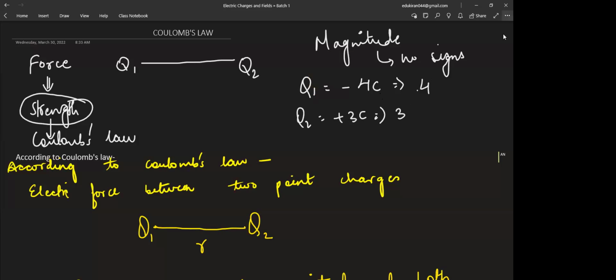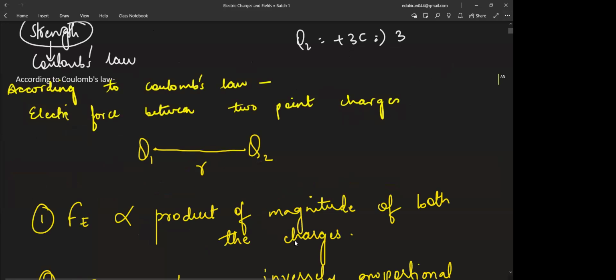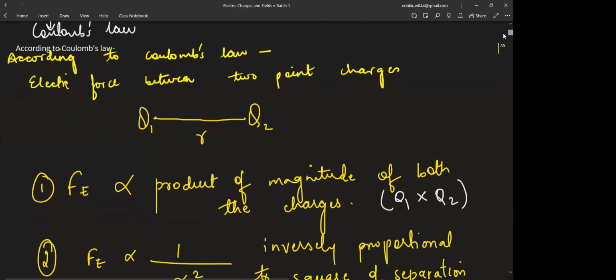So what is the first step of Coulomb's law? You take the product of the magnitudes of both the charges, that is Q1's magnitude into Q2's magnitude. So our force would be proportional to Q1 into Q2. Second is the separation.